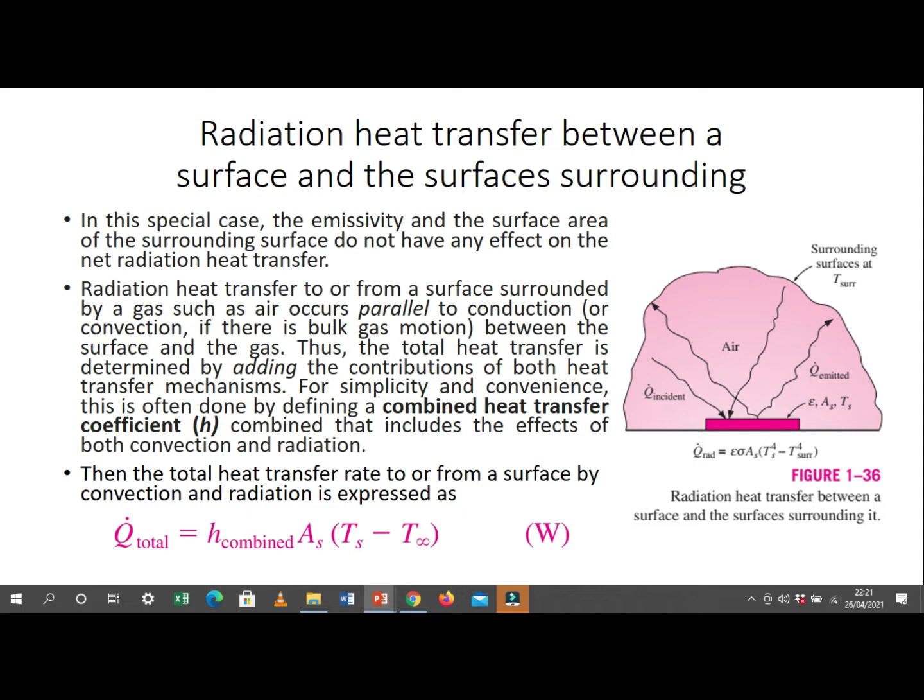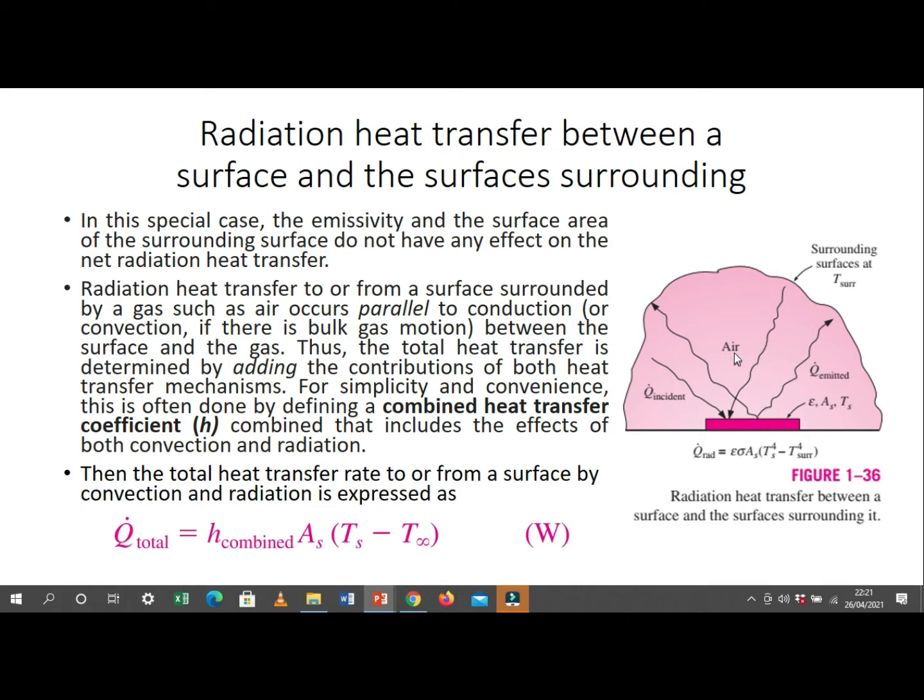For simplicity and convenience, this is often done by defining the combined heat transfer coefficient, known as h, that includes the effects of both convection and radiation. So the heat transfer between this object and the surrounding surface occurs by two modes. The first is radiation.